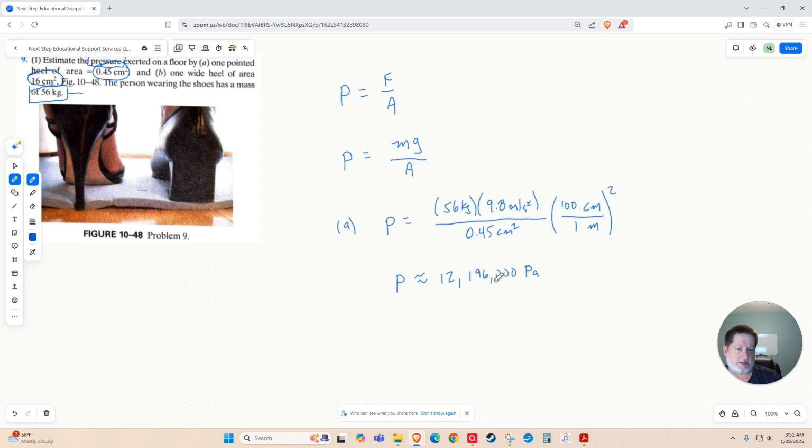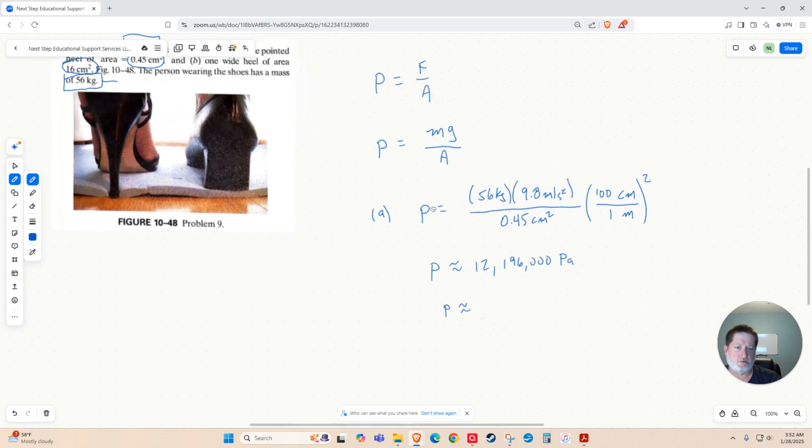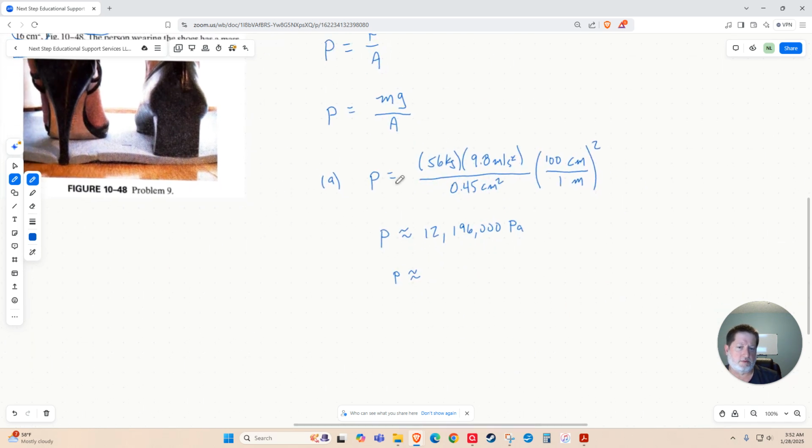Given that atmospheric pressure is about 10 to the 5th, or right around here, that's a significant pressure. With our significant figures in our problem being 2, we'll round it to something more appropriate and put it in times 10 notation. That's 1.2 times 10 to the 7th pascals.